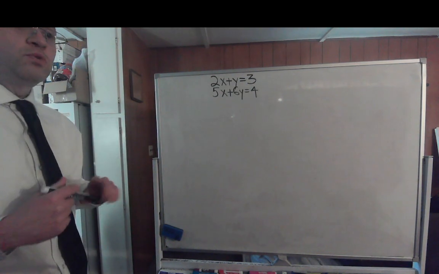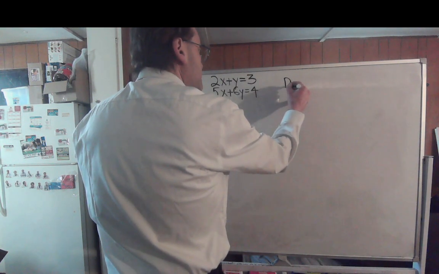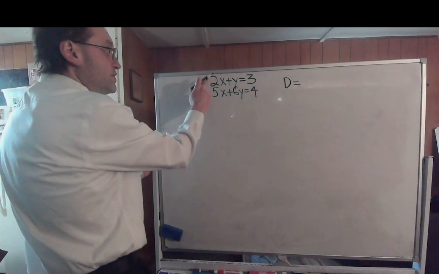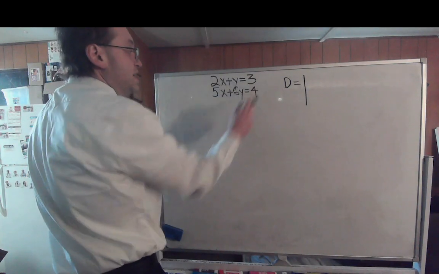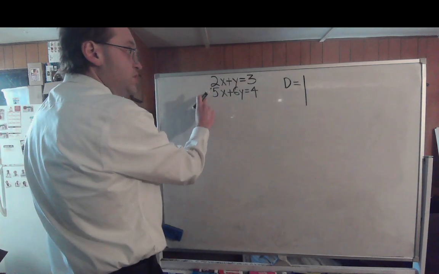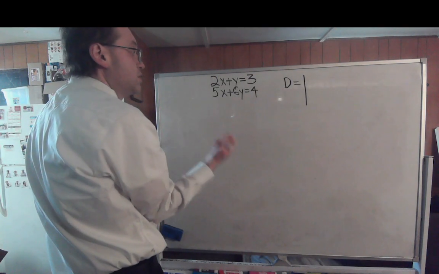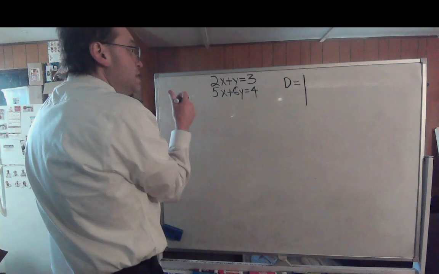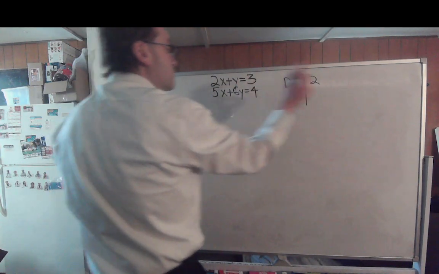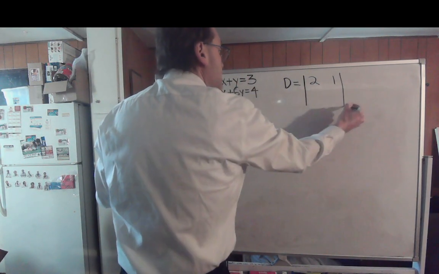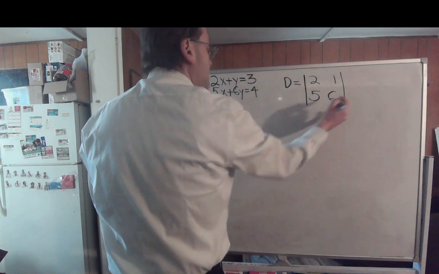So first thing you want to do is find your d, which is simply the determinant of your coefficient matrix. So don't worry about what's to the right of the equal sign yet, but you have two equations, so you have two rows in this determinant. You'll get a 2 by 2 determinant. So to find that, you'll put in the 2 for the x, the 1 for the y, and then you'll put in the 5 for the x, and the 6 for the y.